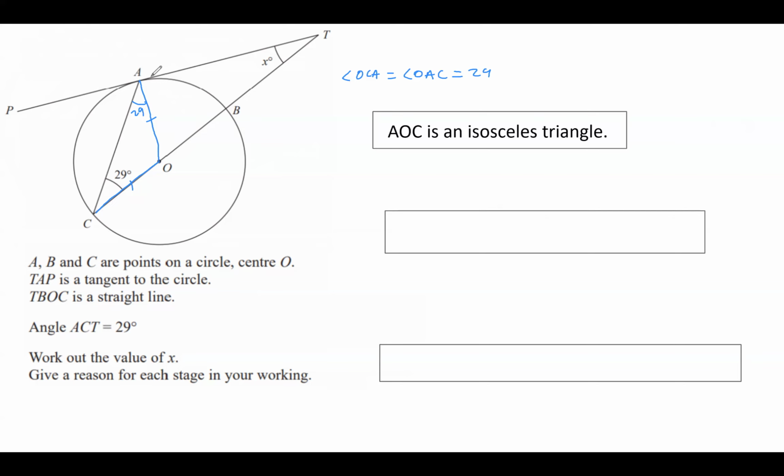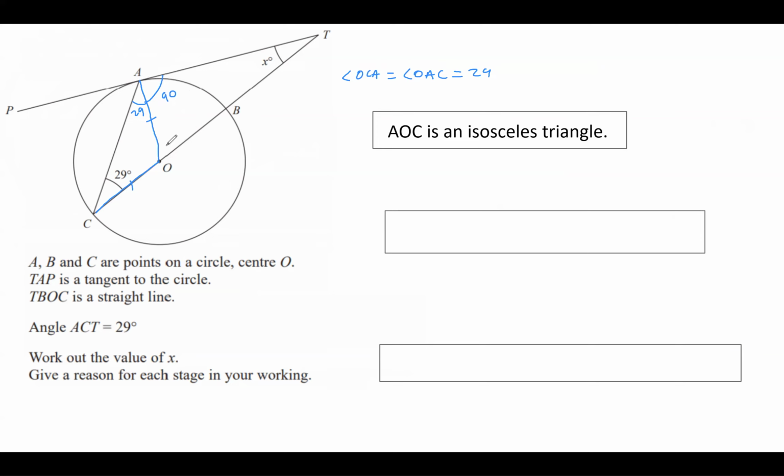So AOC is an isosceles triangle, which then means we can work out this angle over here, and that is going to be 90 degrees. And that's because a radius meets a tangent at a right angle.